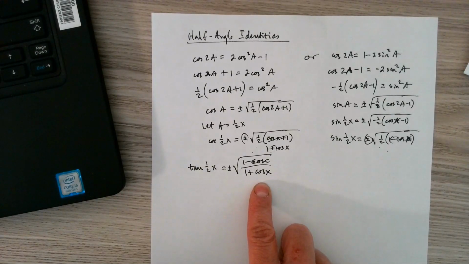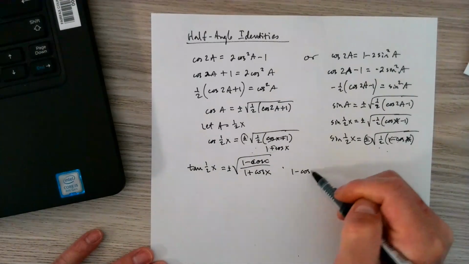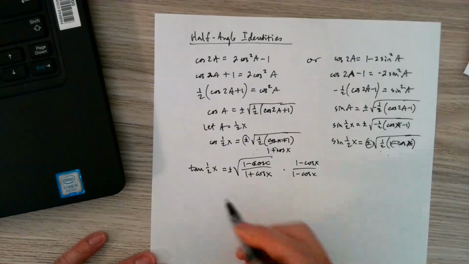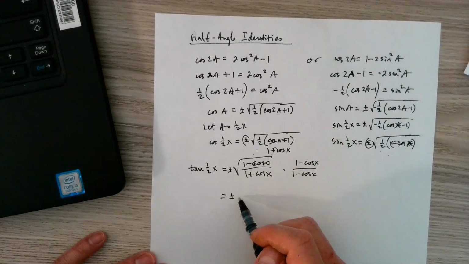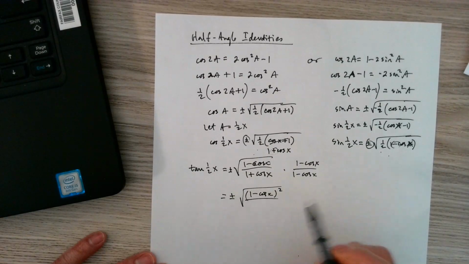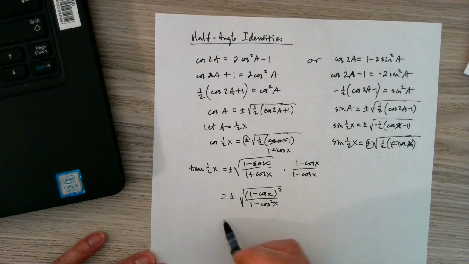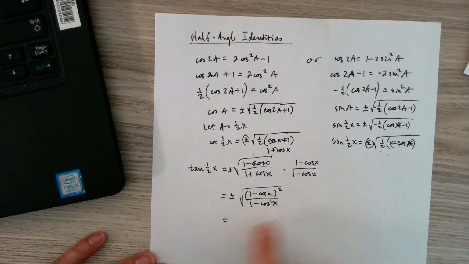So I'm going to multiply the top and the bottom here by 1 minus cosine x, because I'm going to rationalize the denominator. So the top becomes 1 minus cosine x squared. The bottom becomes 1 minus cosine squared x, which becomes sine squared of x, which when you take the square root just becomes sine.